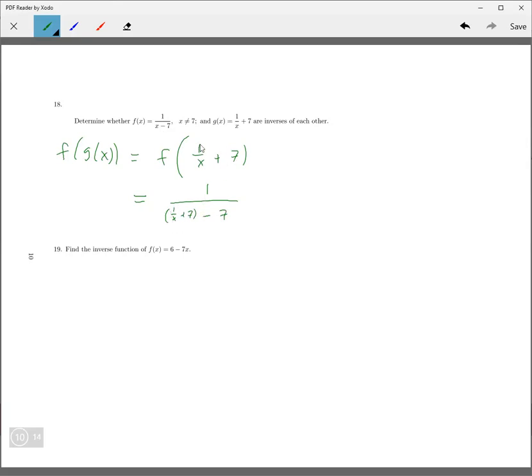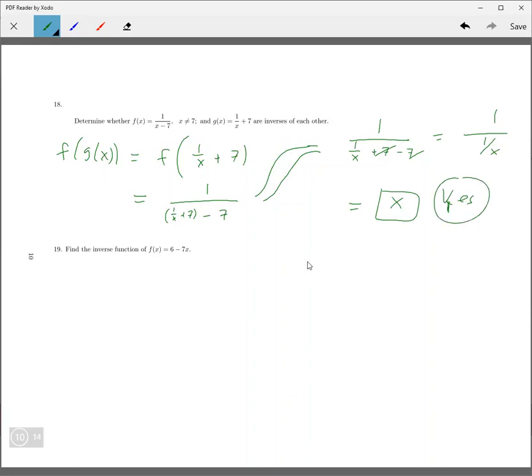So all of this replaces this X right there, and I get this. So you have the 1 here, you got the minus 7 there. Everything else is the same. Okay, I can just remove those parentheses, and these cancel. So we have 1 over 1 over X, but that's the same as X. So yes, they're inverses of each other.